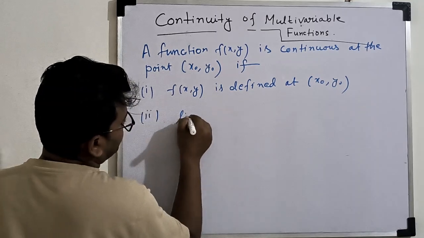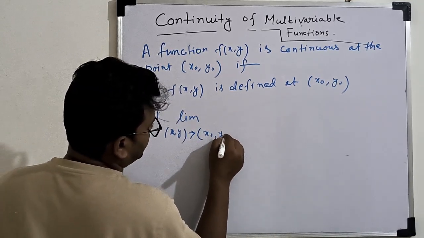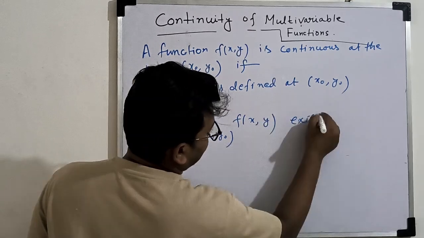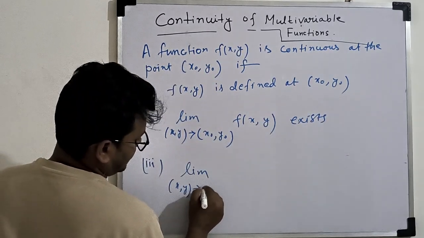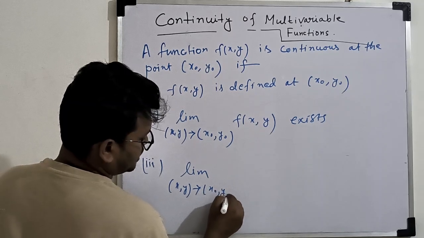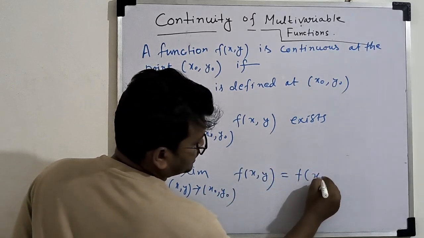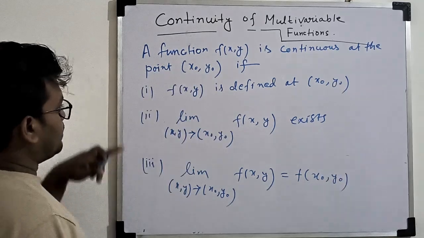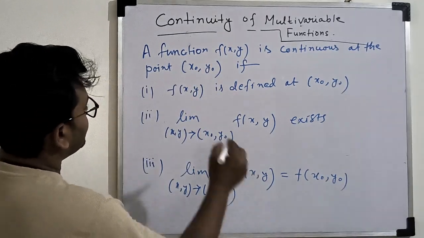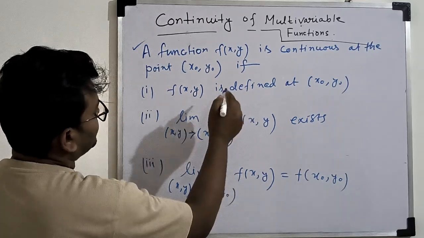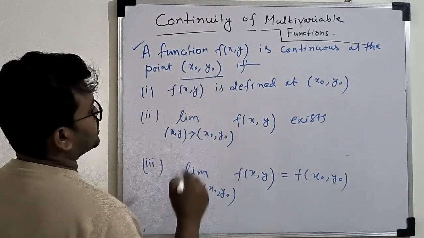Second, the limit as xy approaches x0, y0 of f of xy exists. And the third one is that the limit as xy tends to x0, y0 of f of xy is equal to f of x0, y0. So if these three conditions hold, then a function f of xy is said to be continuous at the point x0, y0.